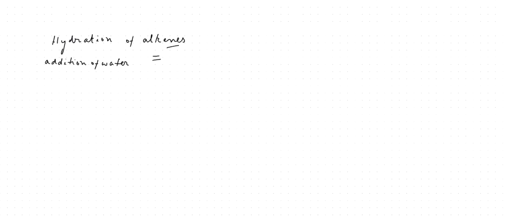But this reaction takes place in the presence of concentrated sulfuric acid. You should know a particular thing about sulfuric acid, which is a powerful dehydrating agent. Sometimes acids are used in various conditions.